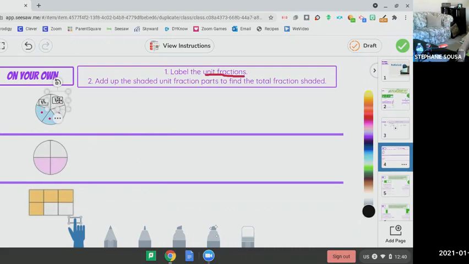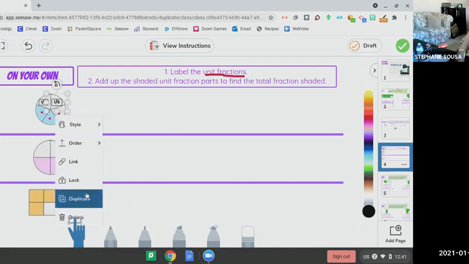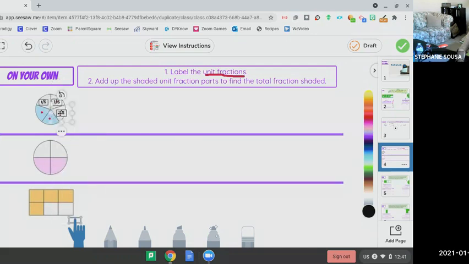You should be doing the same thing right now. Duplicating 1/5 5 times because there are 5 1/5 pieces. Step 1, label all unit fractions, is done.